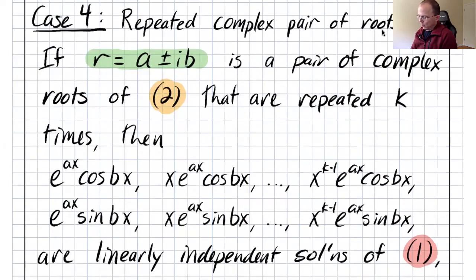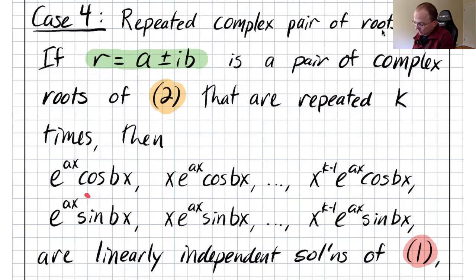So what do we do then? It's very much the same as when we had repeated real roots. In that case, for every time the root was repeated, we just multiplied by x. And that's what we do here. We take our first solution, e to the ax times cosine bx, and we multiply it by x, k minus 1 times.